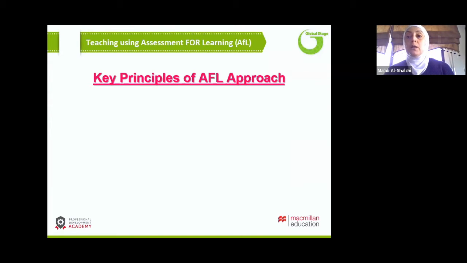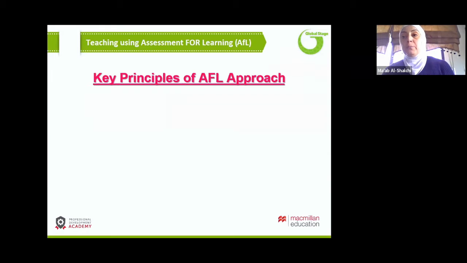And so Global Stage also focuses on social emotional learning. And so we want to create an atmosphere in the classroom that develops all of those points and aim to make sure that all students can achieve the objectives.